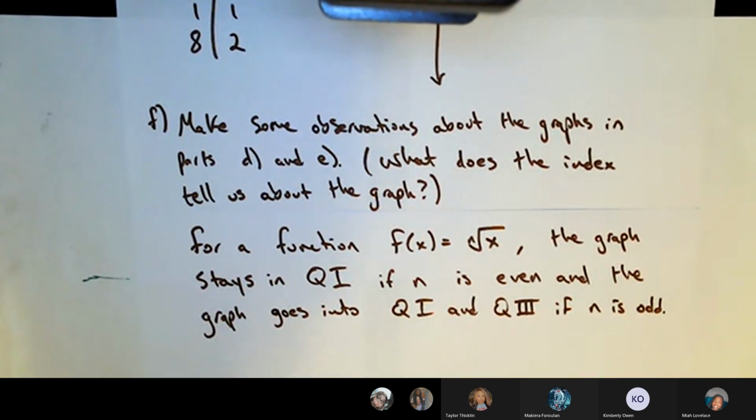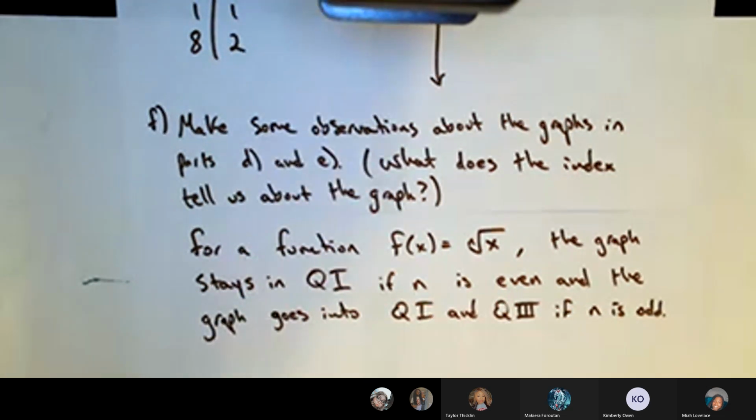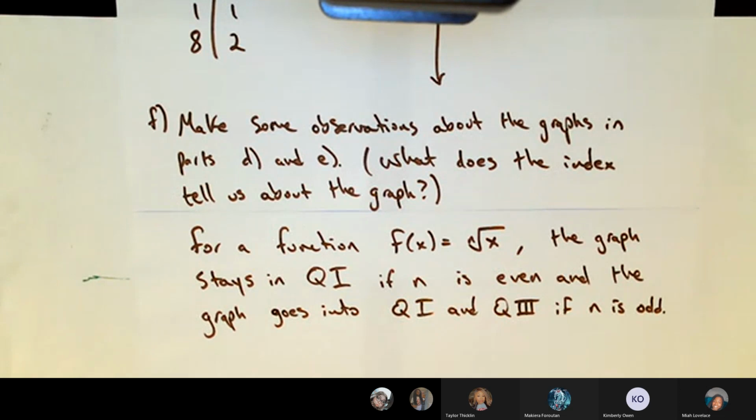All the odd ones are going to have the same general shape as all the other odd ones, and all the even ones are going to have the same general shape as all the other even ones. Okay.